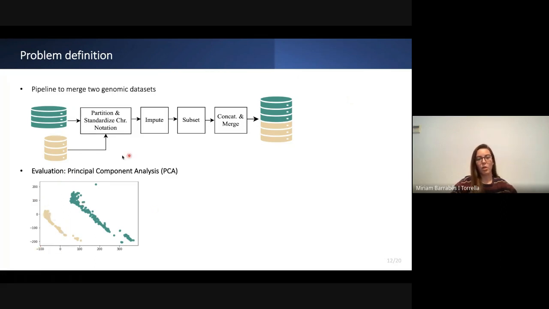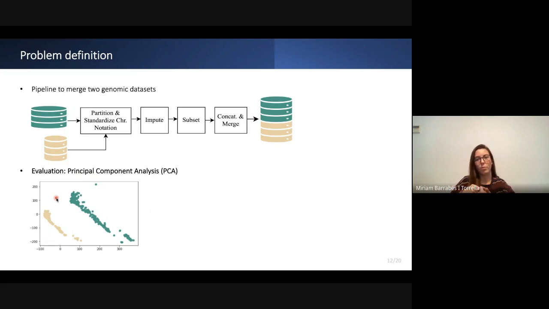So here in the plot, each point corresponds to a sample, to a dog DNA sequence. So green points correspond to samples from the green dataset, and yellow points correspond to samples from the yellow dataset. And we can see that two clusters are formed. So there is a clear distinction between the samples that come from one dataset and the other.